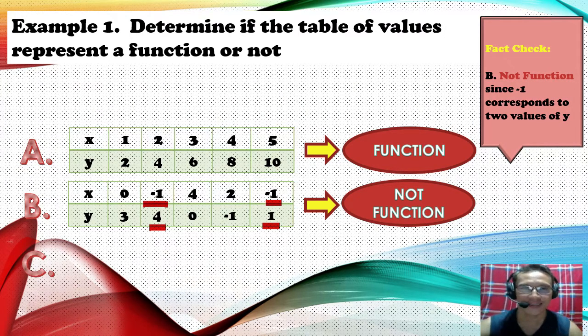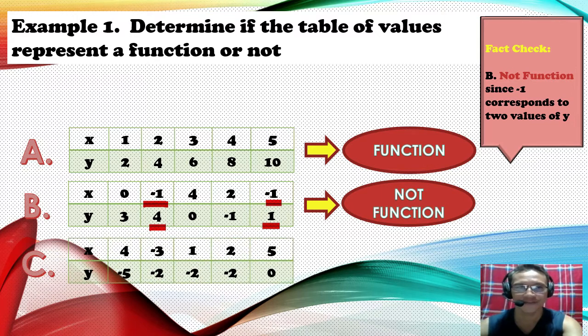Okay. Next, we have x elements 4, -3, 1, 2, 5, and the y elements we have -5, -2, -2, -2, and 0.